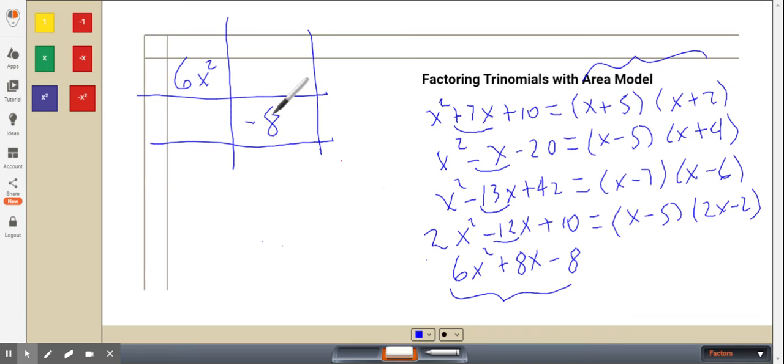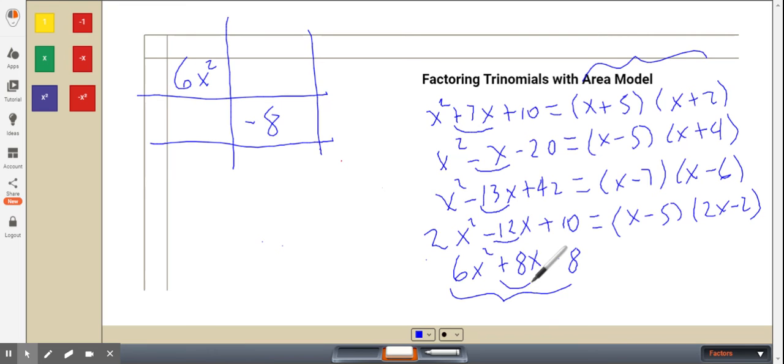And then, of course, if I factor 6 and 1, when I multiply, I can see that at some point I might have a number that doesn't work for my middle, since I need positive 8. In this case, I also notice that the product, the negative 8, is negative. So I need one number that is going to be positive and one number that is going to be negative as factors that go to negative 8.